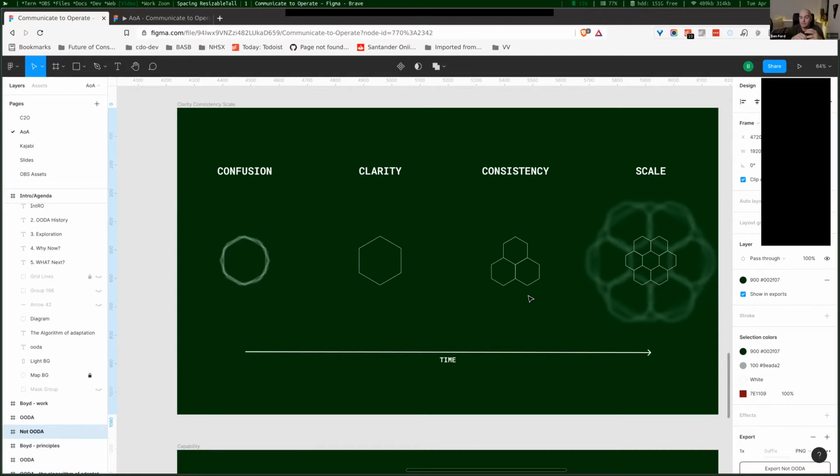And when you've been operating in the clear domain for a while, you start to build some consistency, and this is where you've got enough familiarity in a domain that you can start building standard operating procedures, and you can start building a little bit of efficiency in. But all of that clarity and consistency is only enough to get you to the next level, and then this other kind of complexity emerges from the new things that have been built.